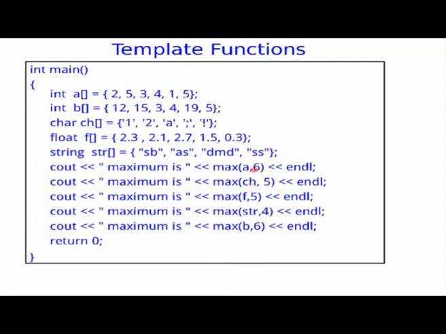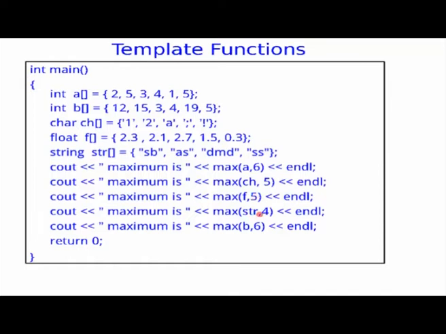At this point, before max A comma 6, there is no concrete function. At the end of that call, one integer max function, one template function. At the end of char, two concrete functions, integer max and character max, and template max. At the end of F comma 5, since F is a floating point array, there are three concrete functions, one more for the float created, and of course the template.